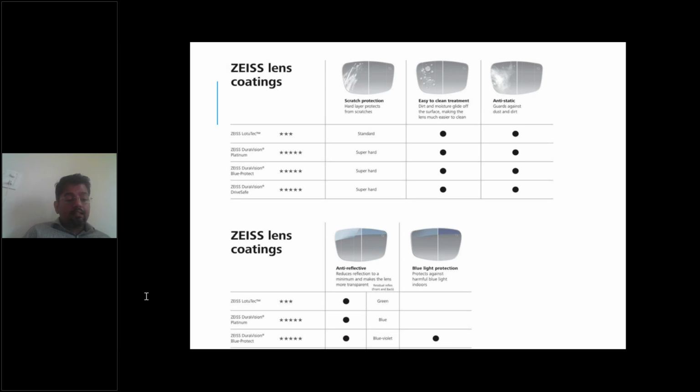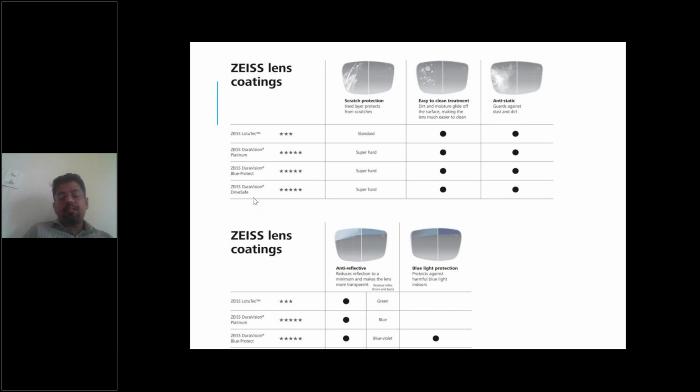Yes, I'll keep on answering the questions. Is there any lens having fog repel properties? Yes, some lenses claim to have fog repel properties, again Essilor and a few others, even the Zeiss DuraVision, here on the screen Zeiss DuraVision Drive Safe.